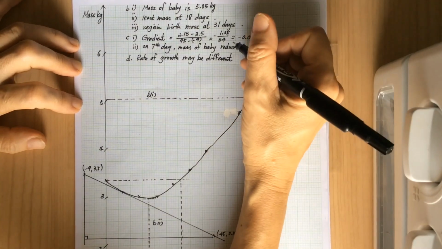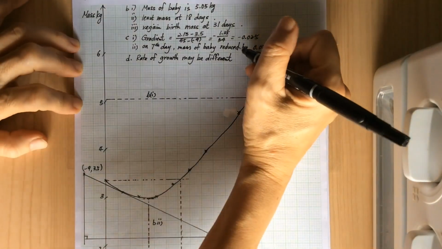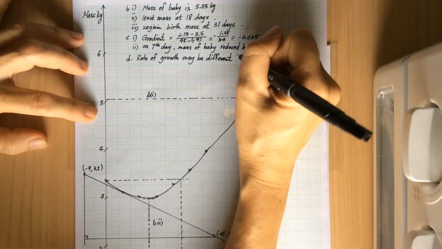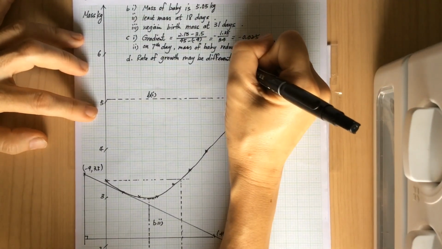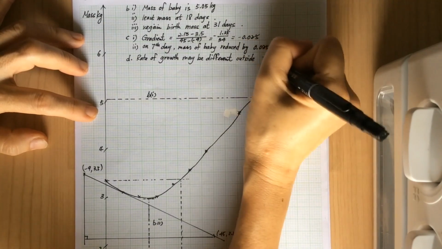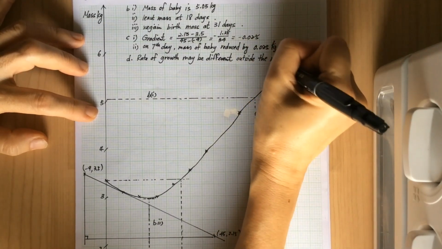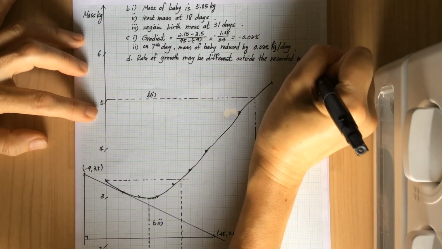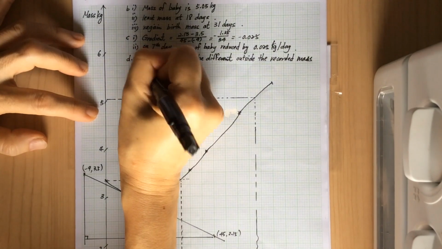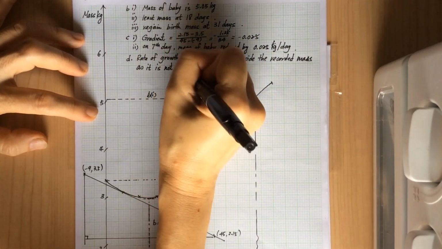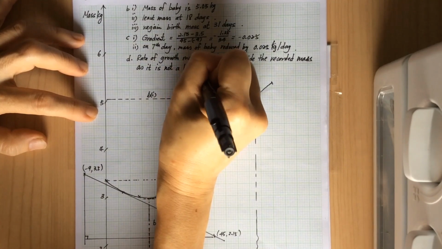The rate of growth may be different outside the recorded mass, as it is not a linear graph.